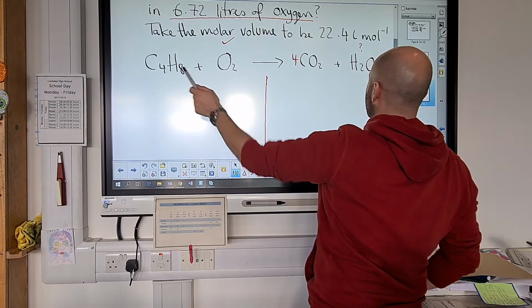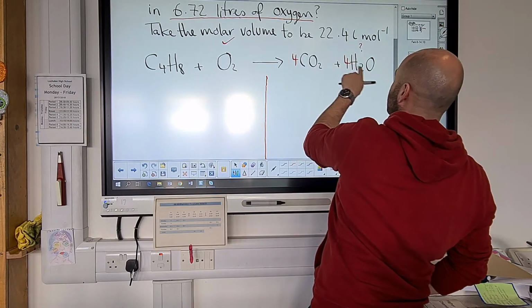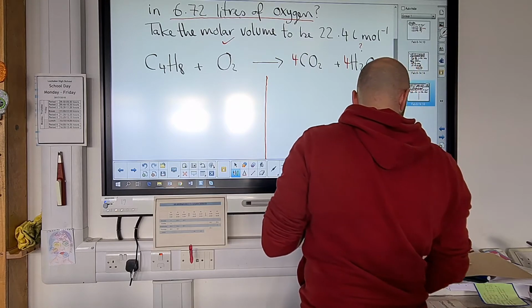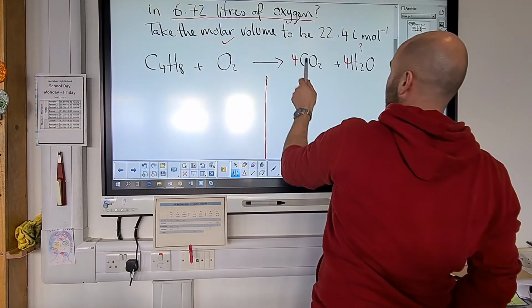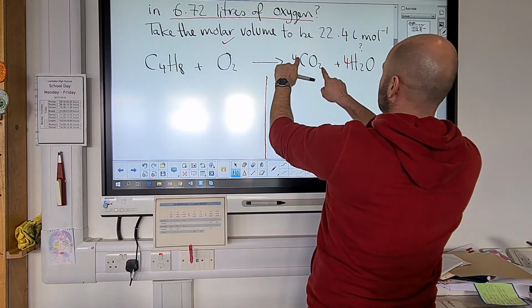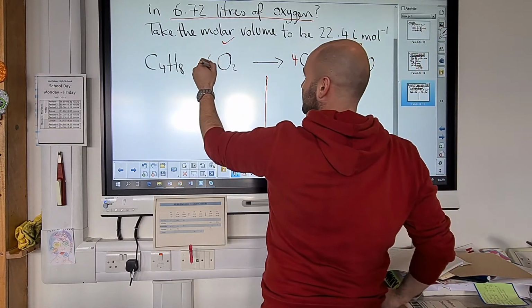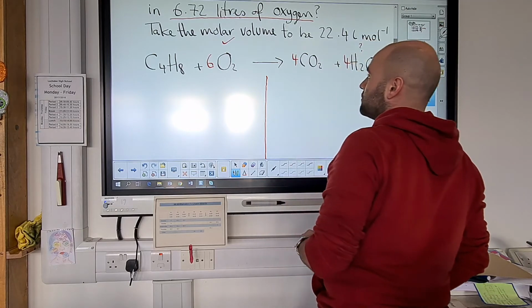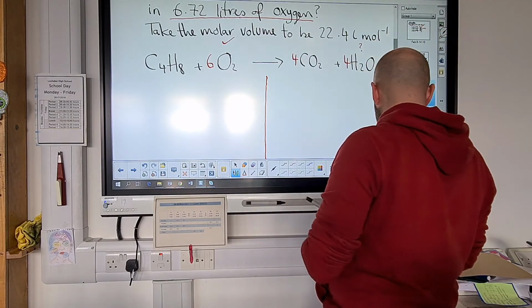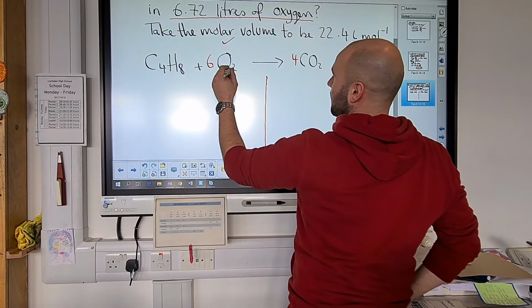I have 8 hydrogens, so I'm going to need 8 hydrogens, 4 times 2. And I have a total of 8 oxygens, 4 times 2, plus these 4, so that's 12 altogether. 6 times 2 equals 12. So that's the balanced equation just now.